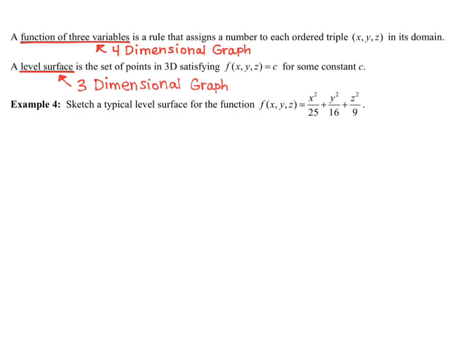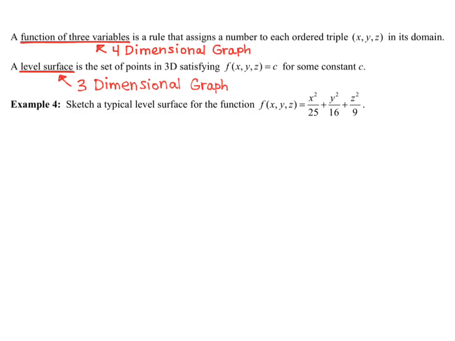And so our constant would represent, for example, after 2 minutes, what would our object look like? So if c was 2, then you would be looking at what 3D object we have when the time is 2 minutes. So that's an example of where you would use a function of 3 variables and look at its level surface in 3 dimensions.